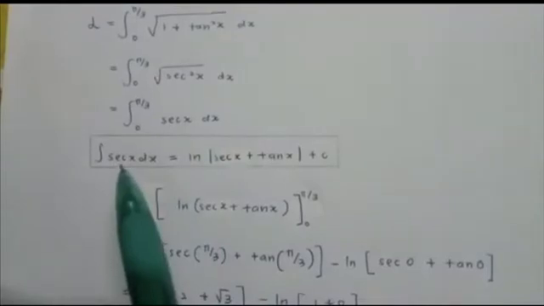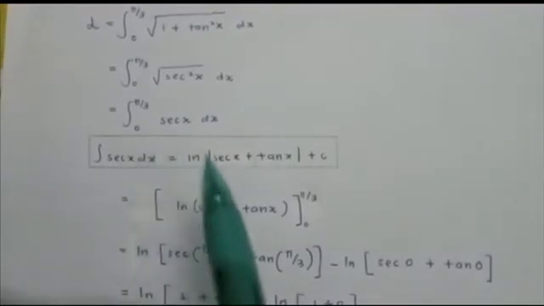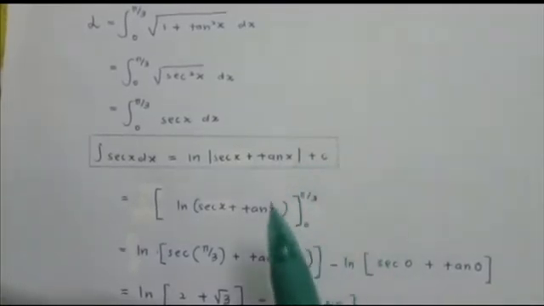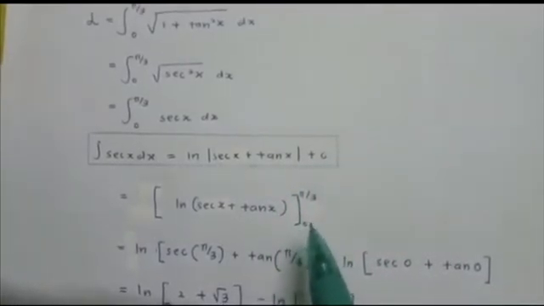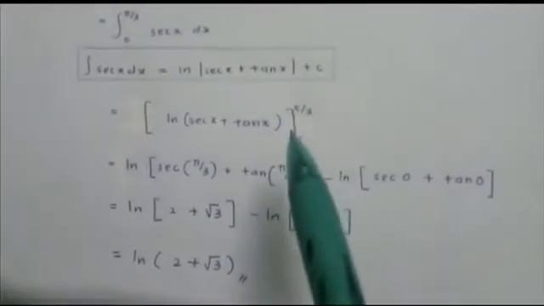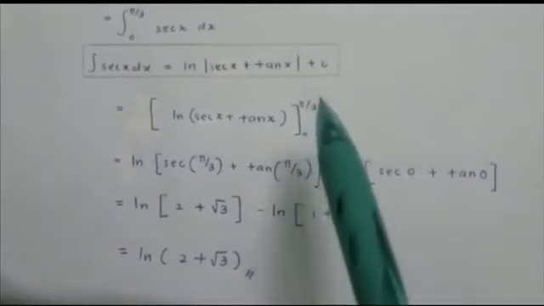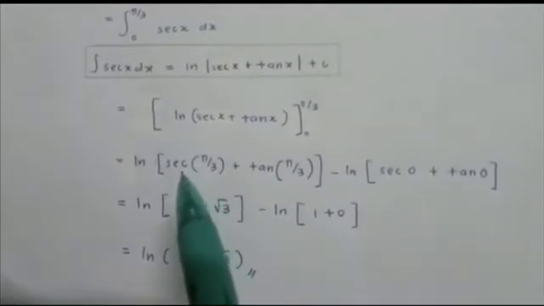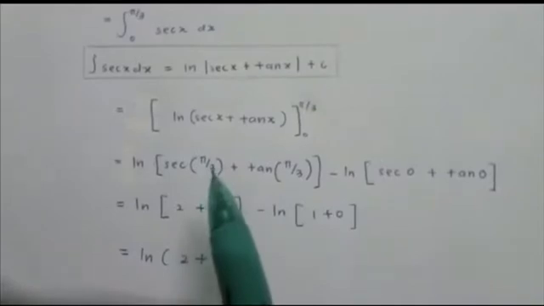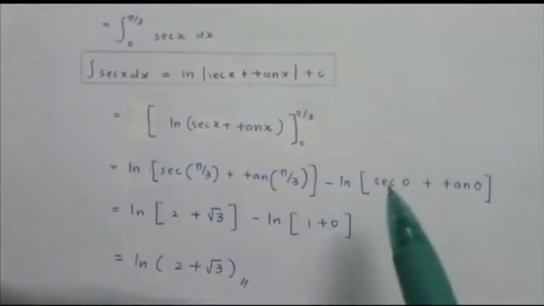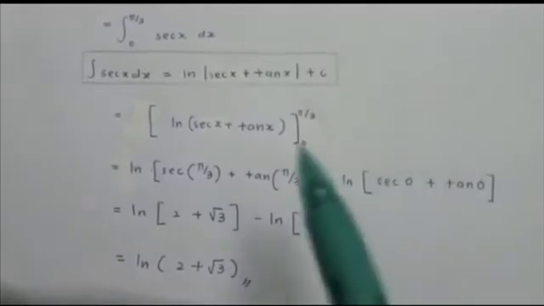When we integrate secant x, we will get ln of secant x plus tangent x plus c. But here with the limit from 0 to pi over 3, we just substitute the limit pi over 3 into this equation, and we will get ln of secant pi over 3 plus tangent pi over 3, minus ln of secant 0 plus tangent 0.